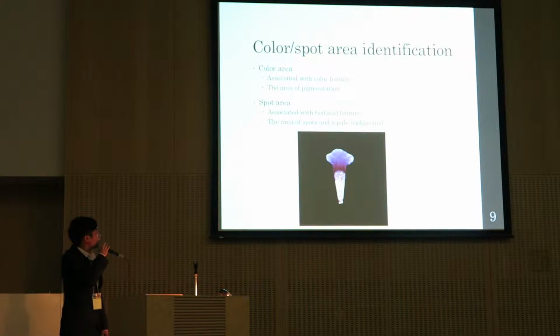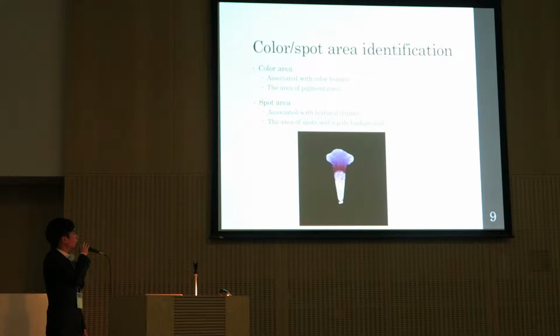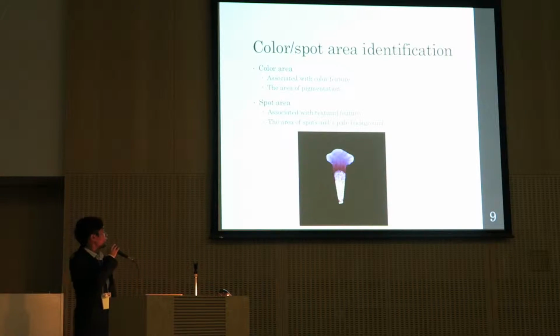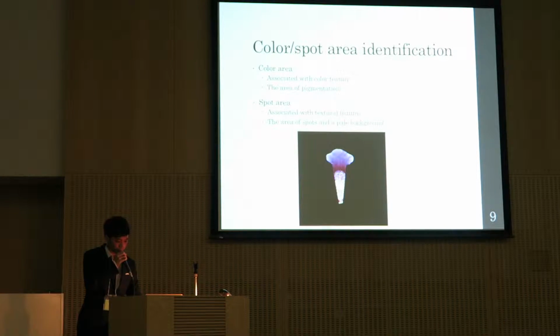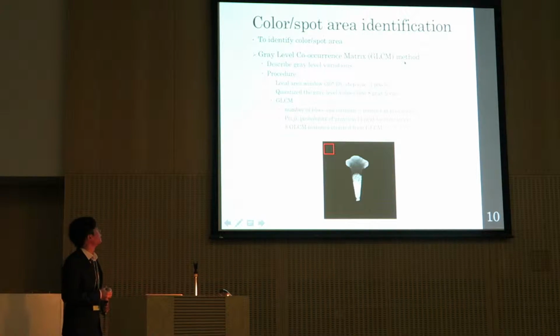Color area was considered as the area of pigmentation and associated with color features of flower samples, whereas spot area was the area of spots and a pale background and associated with petal texture features.